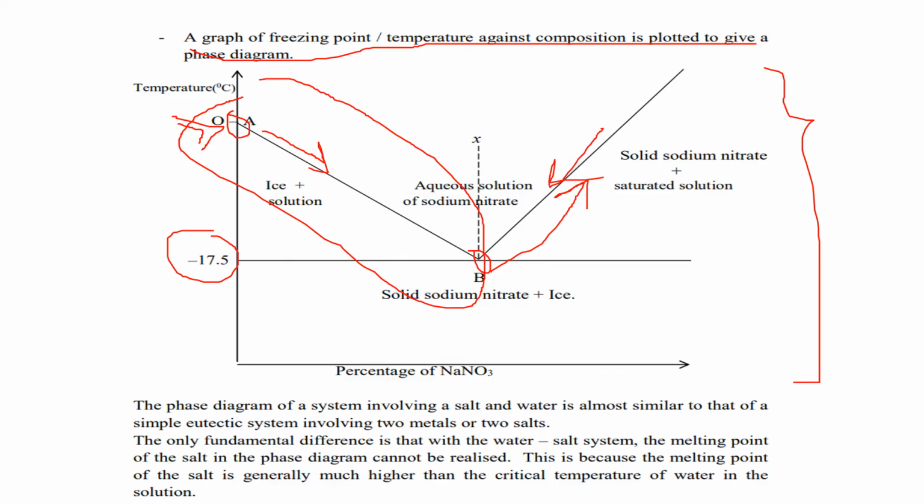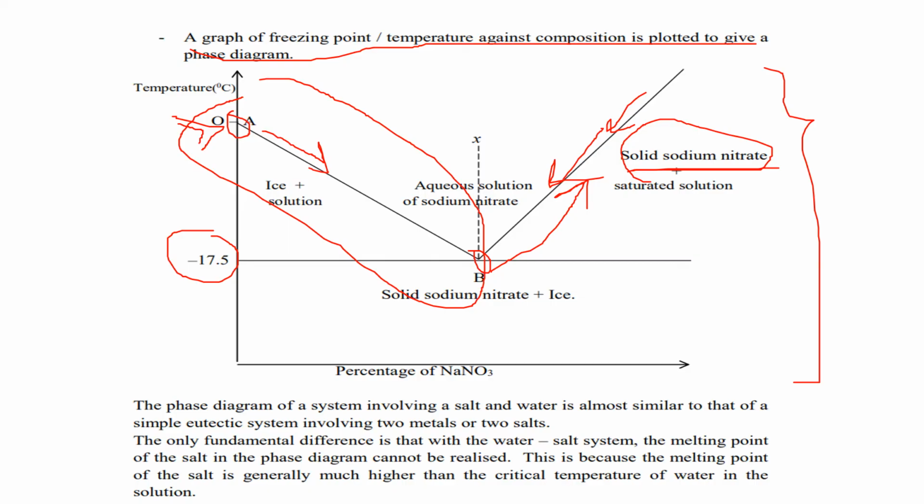Remember that there is a high concentration of sodium nitrate, and when we are decreasing temperature, we are diluting, we are increasing water. So the freezing point of sodium nitrate decreases with an increase in water because water is now acting as the solvent.